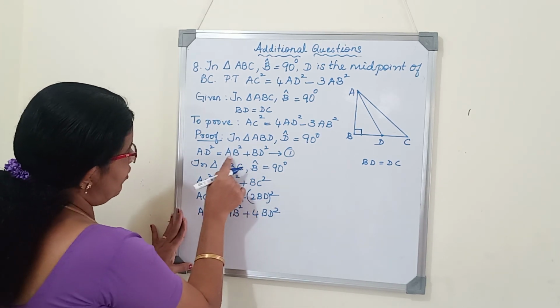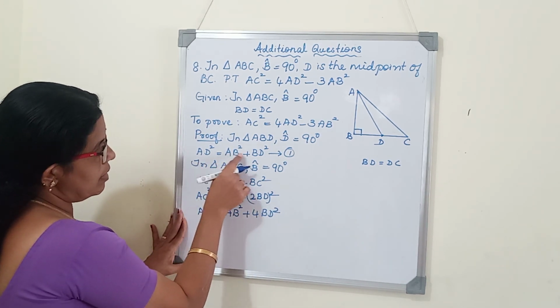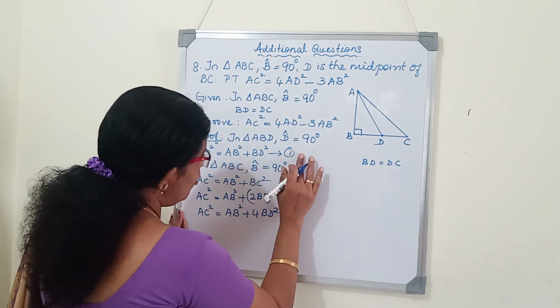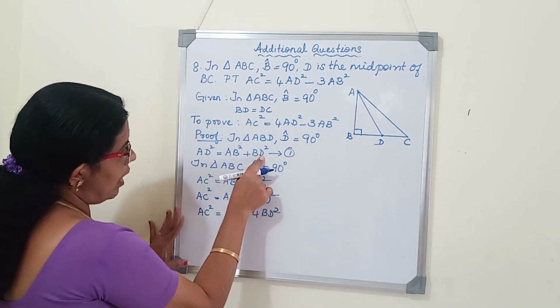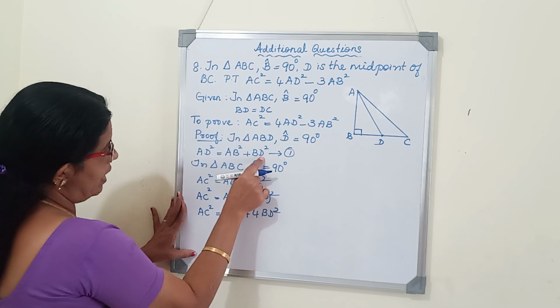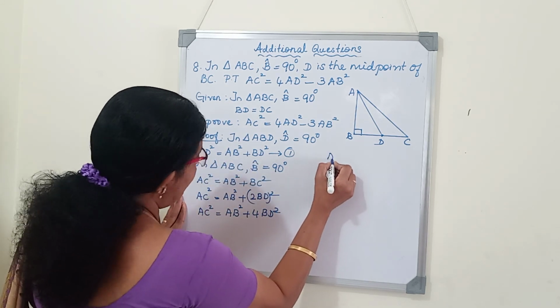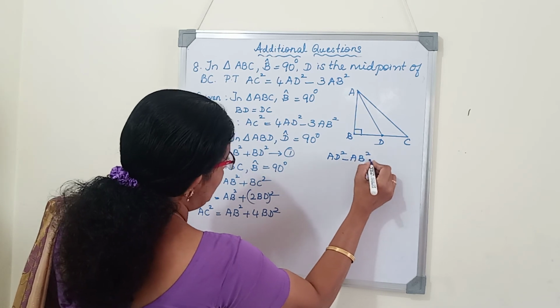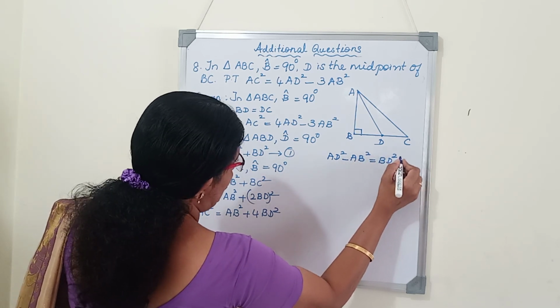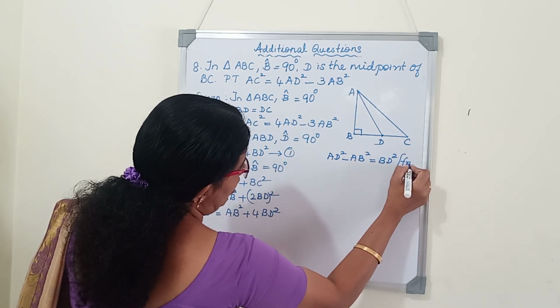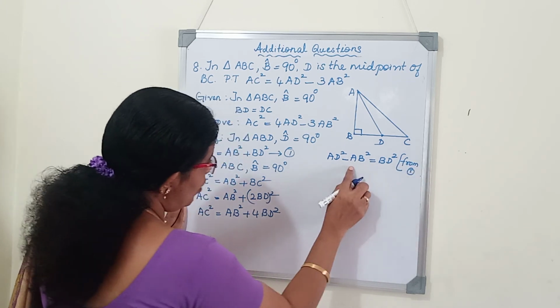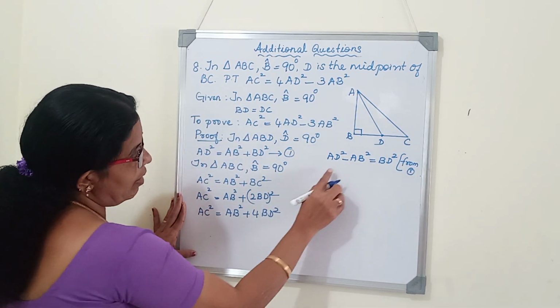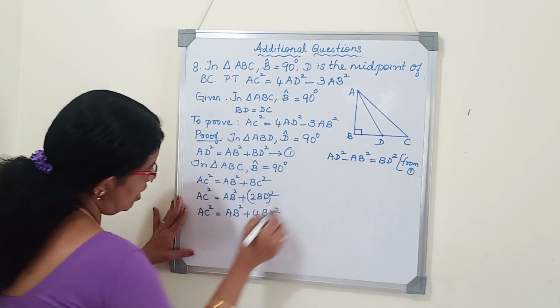Now, see the first equation is AD square equals AB square plus BD square. So, from this first equation, how can we write BD square? That is, AD square minus AB square is BD square from equation 1. So, instead of this BD square, we can substitute AD square minus AB square.